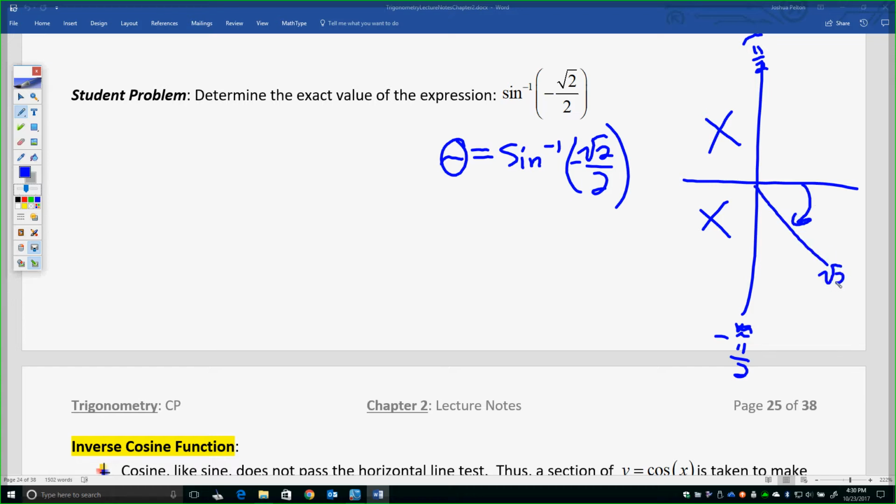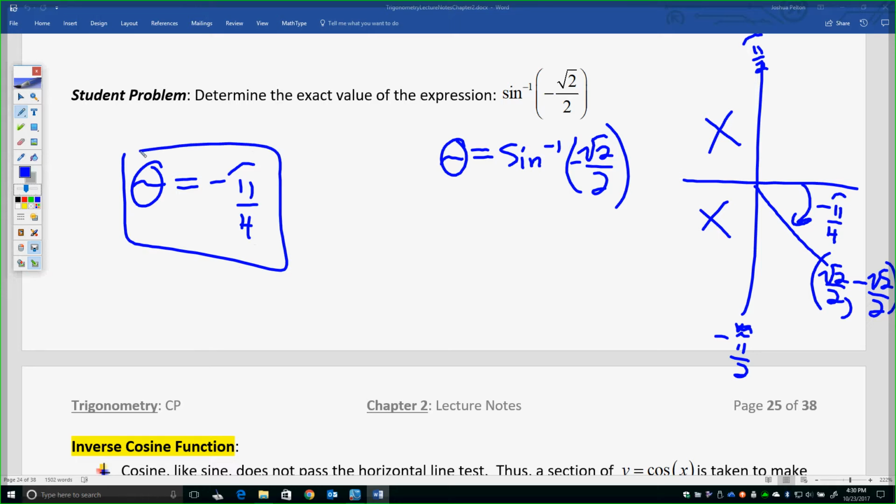And the angle that gives me that is this coordinate created by negative pi over 4, because I went in the clockwise direction. So theta is negative pi over 4 to get to the coordinate that gives me the negative answer. Okay, that's the end of sine. Let's try cosine on the next page.